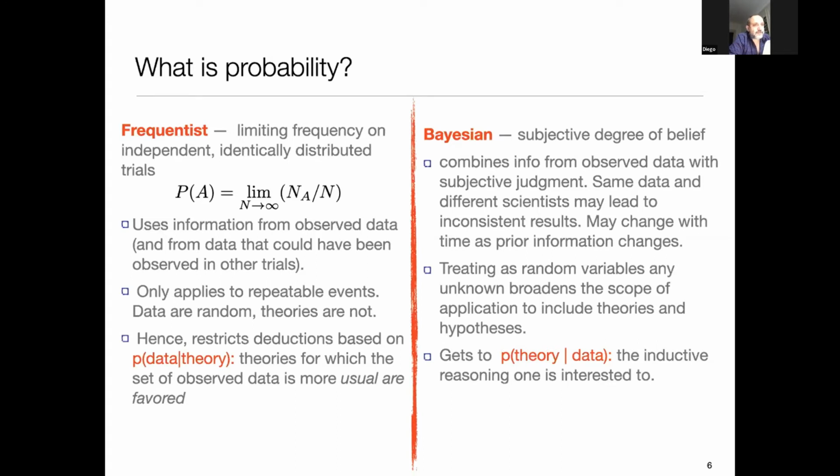Well, supersymmetry is a theory that is perhaps valid in our universe, in our nature, or it's invalid. But we do not have many repetitions of our nature. We only have one nature. We only have one theory. We cannot define capital N. We cannot define a probability for supersymmetry to be true. Supersymmetry is either true or not true. There is no distribution of probability for that, at least in frequentist thinking.